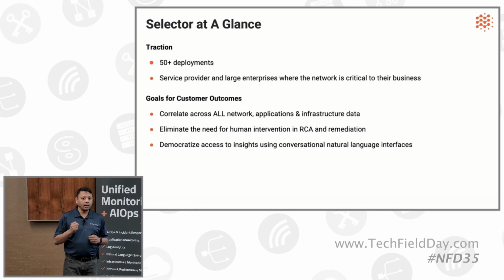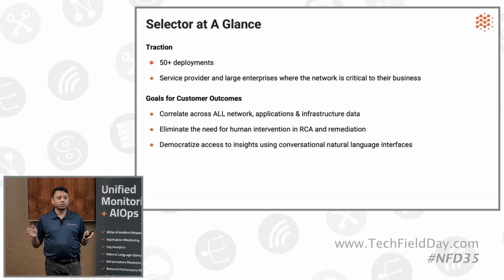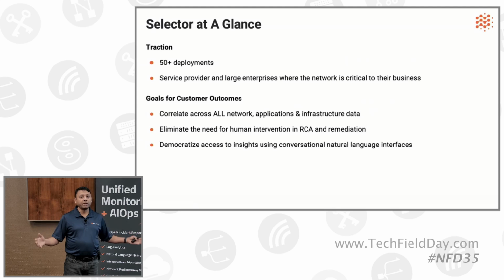The key outcomes that they have realized with our product is primarily correlating the data that we ingest: metrics, logs, events, alerts, and not having to look at 5 different dashboards and different tools. Bring all that together. How do you correlate and get to the right root cause quickly?